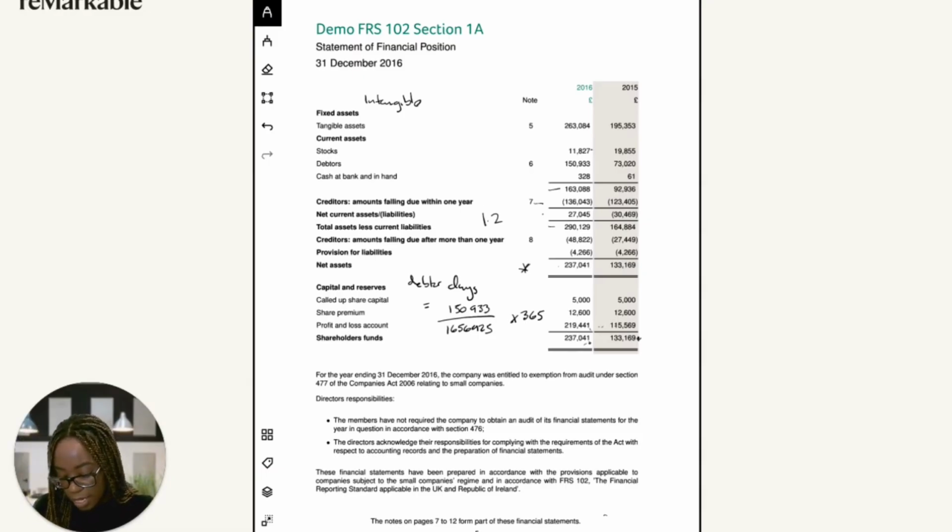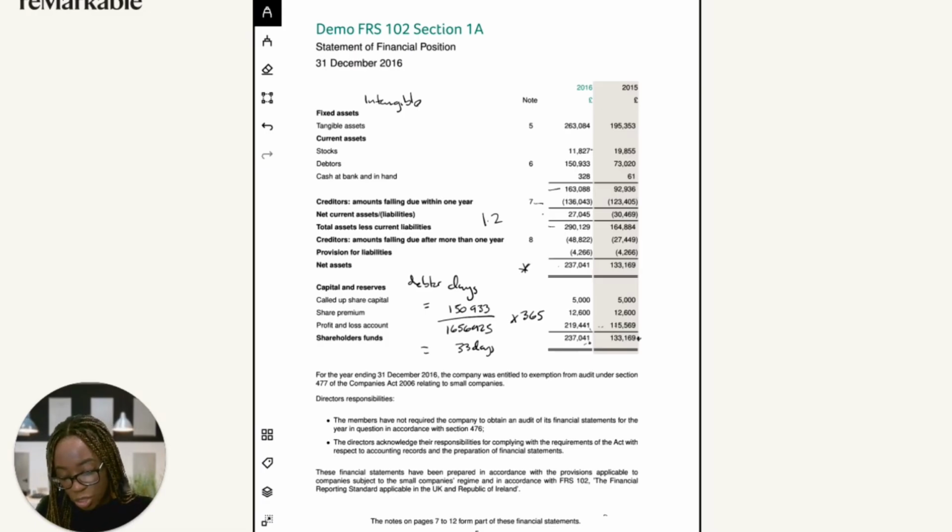I'm just calculating that times 365. I'm just using 365 days in a year. You get 33 days. So essentially what this business is saying is that it takes you 33 days to recover from debtors generally.